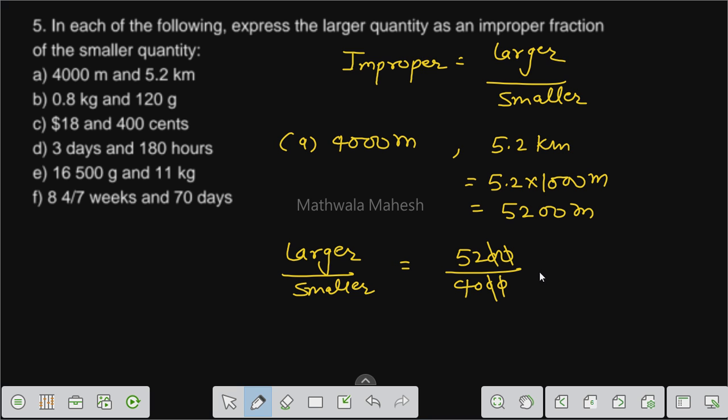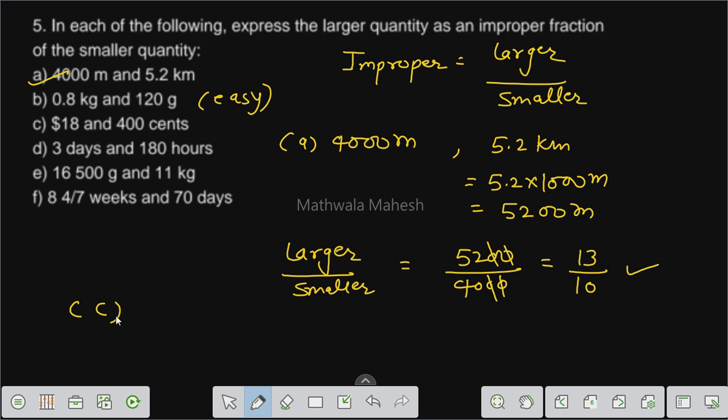Cancel 20 to 20, and if we divide by 4, we will get 13 upon 10. So this is the improper fraction, and this is the correct answer. And do B question, 0.8 kg, it is 800 gram, and 120 gram. So this one is easy, and do this by yourself.